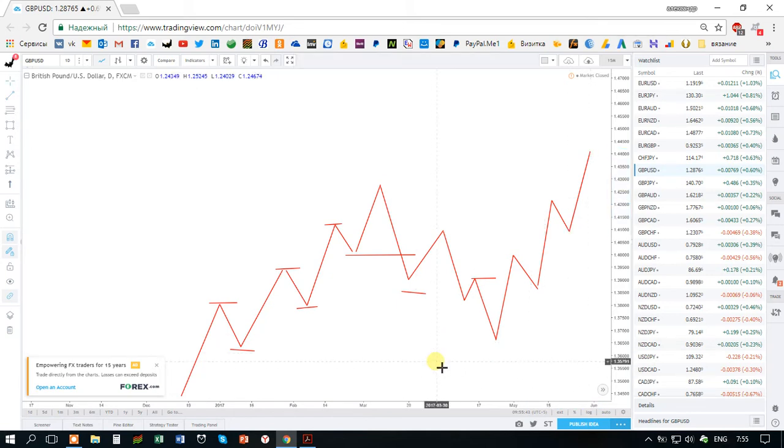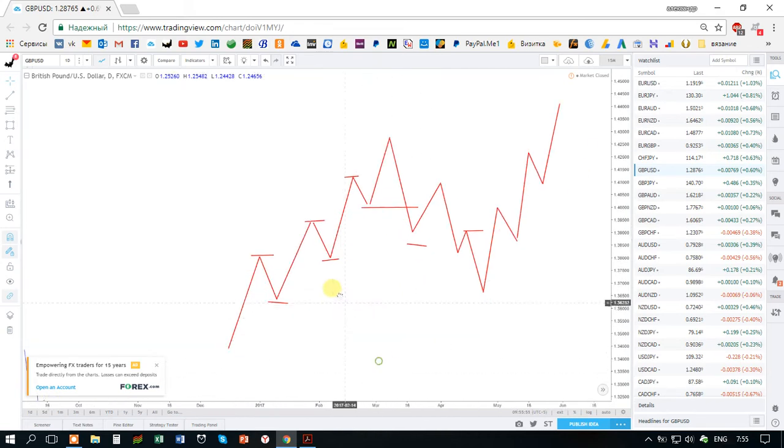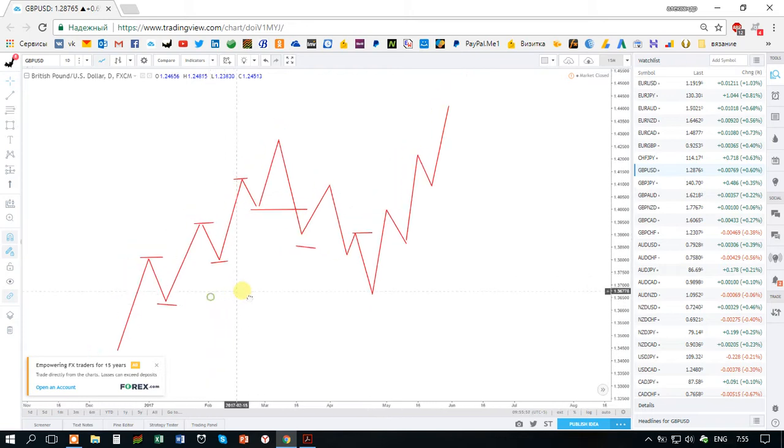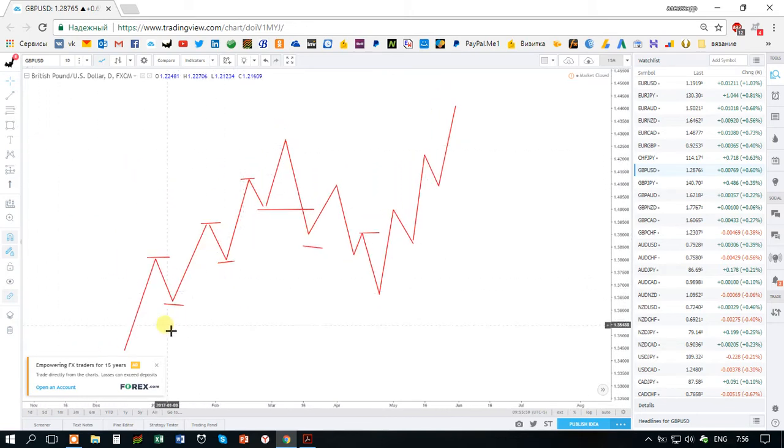Okay, so once you know what a trend is, how to identify a trend, when the trend is over and when the next trend has begun, then you should understand the fractal nature of trends, of movements. So this means that inside of intermediate trends we have minor trends.